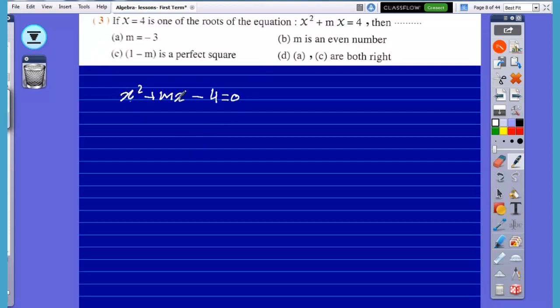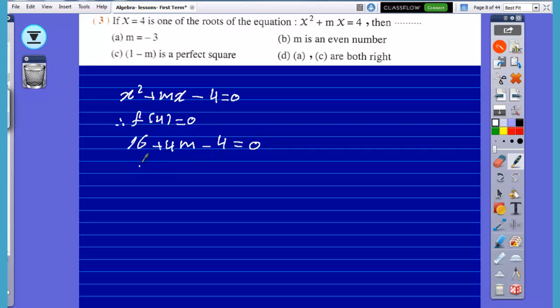So we have this equation, and x equals 4 is one of the roots. It means f(4) equals 0. So substituting x equals 4, we will get 16 plus 4m minus 4 equals 0.